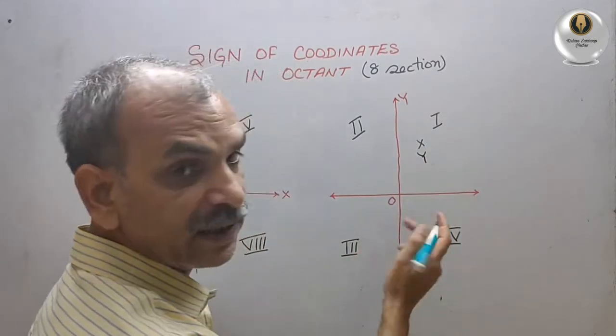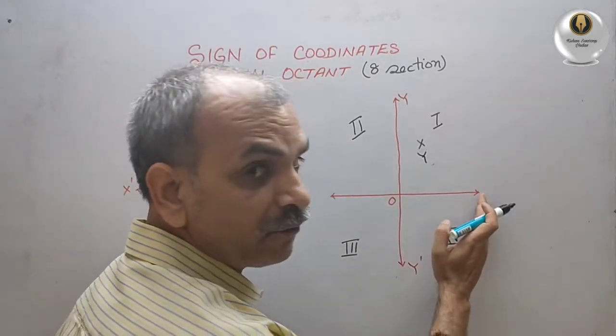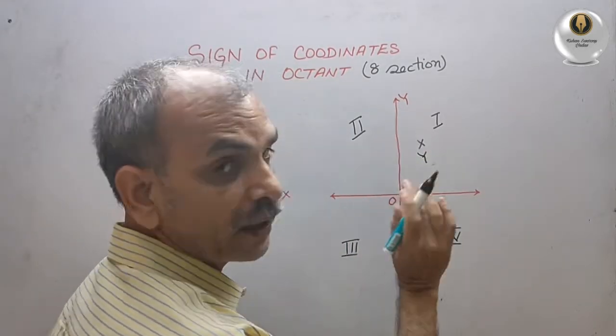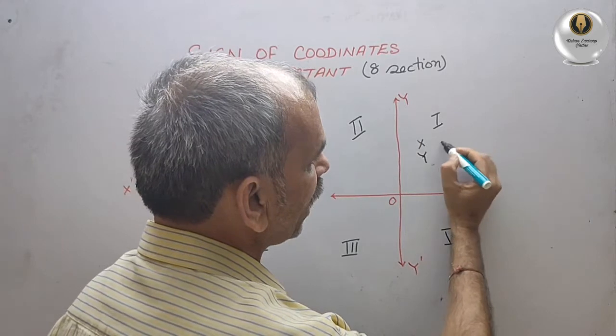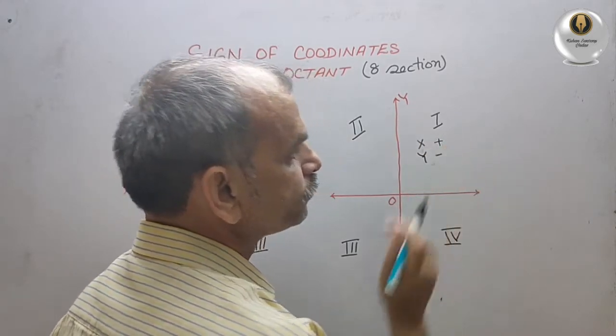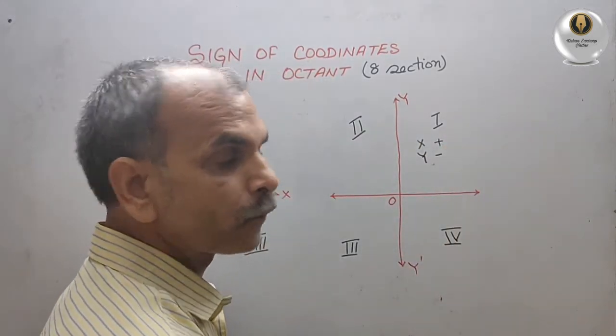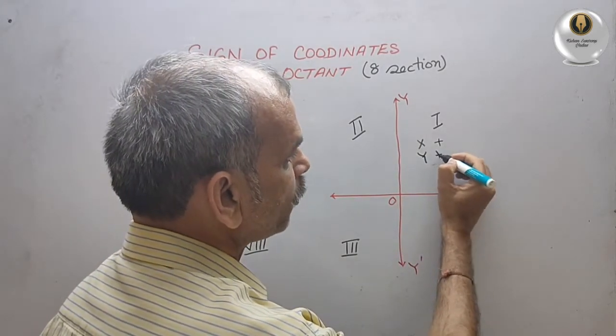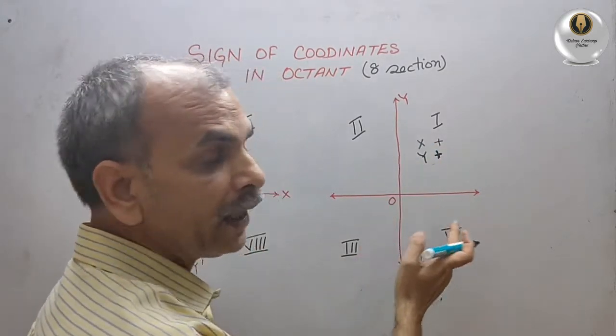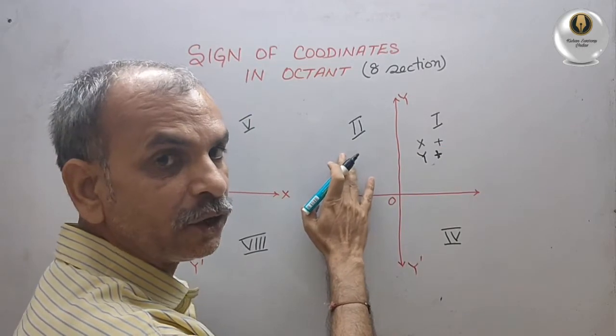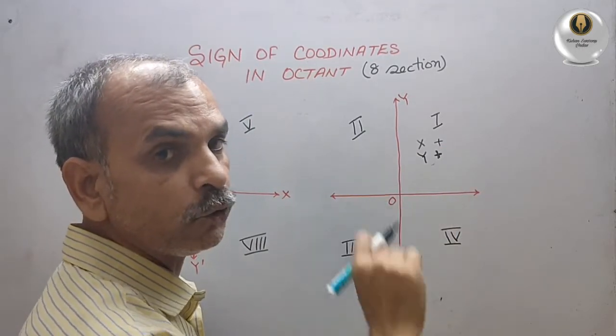We can see here the positive x and the positive y. That means x and y are positive. Both are positive.